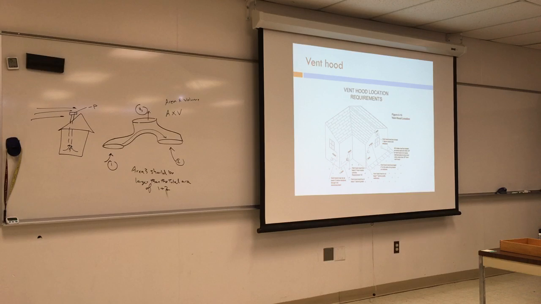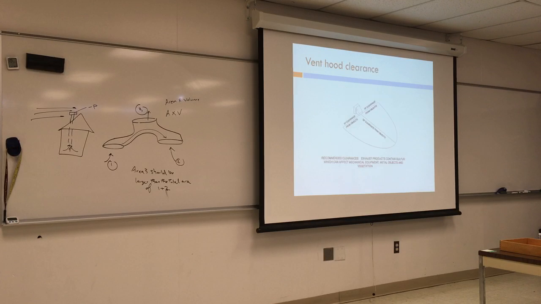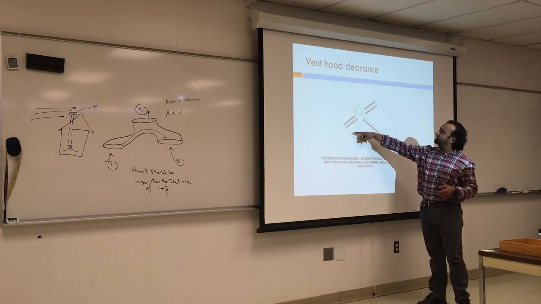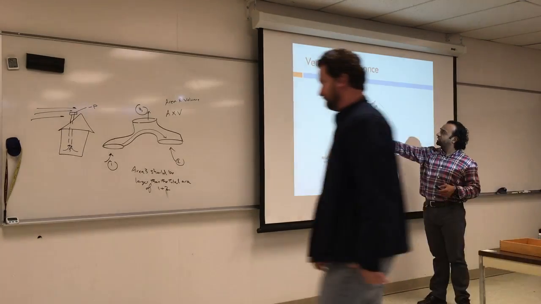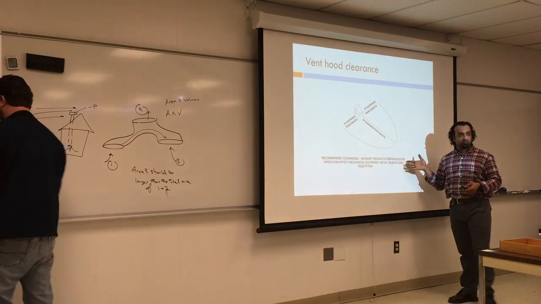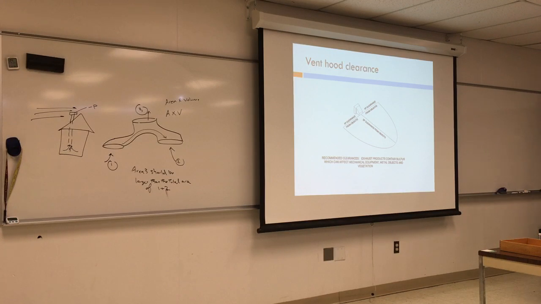And let's look also on page... If you look at this, these are the clearances for each vent, 10 from anything, any object, 10 each side, and 20 from the front. Feet? Feet, yeah.